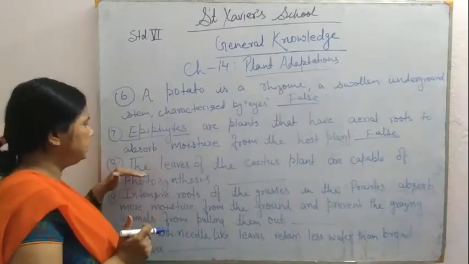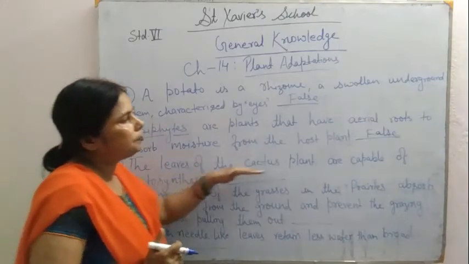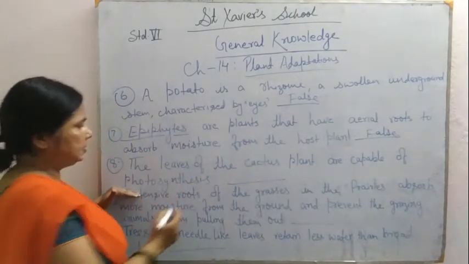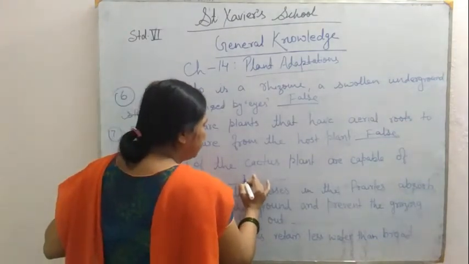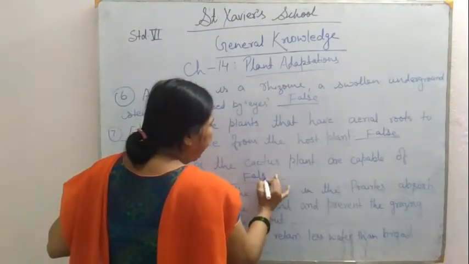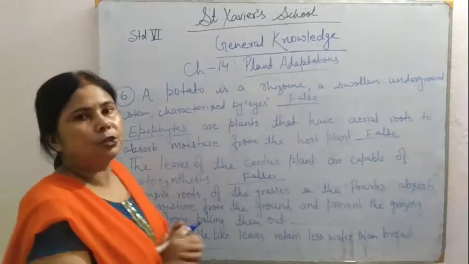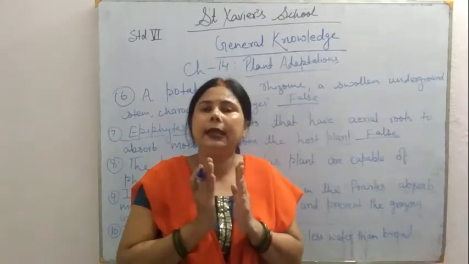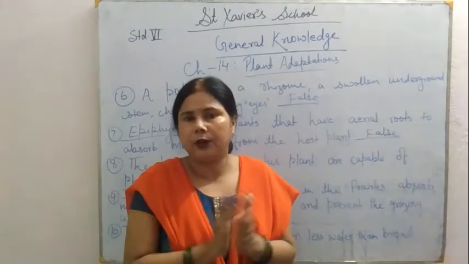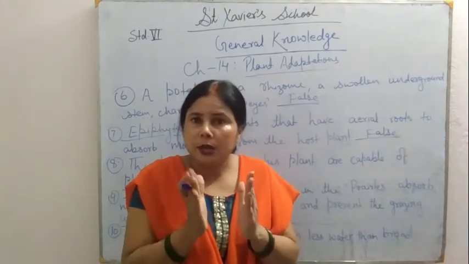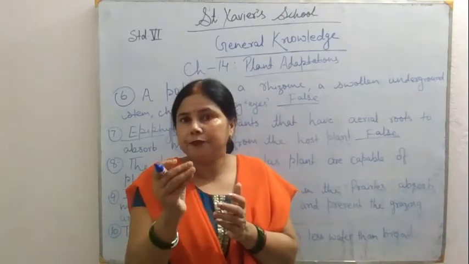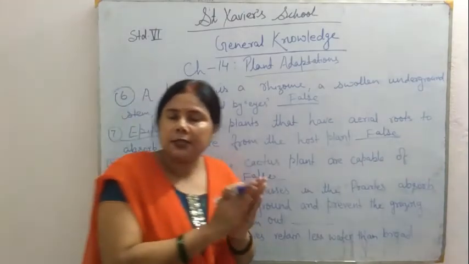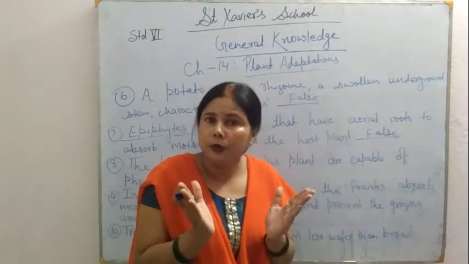Next question is, the leaves of the cactus plant are capable of photosynthesis. So this is also a wrong statement. Actually cactus plants grow in deserts. And in deserts there is very little amount of water. To reduce loss of water through the leaves by the process of transpiration, the leaves of cactus plants are modified into spines.